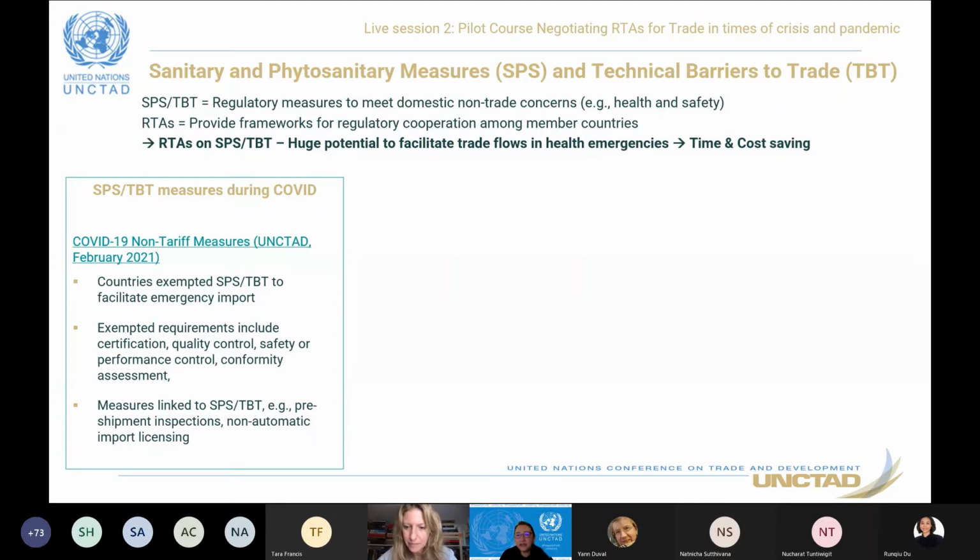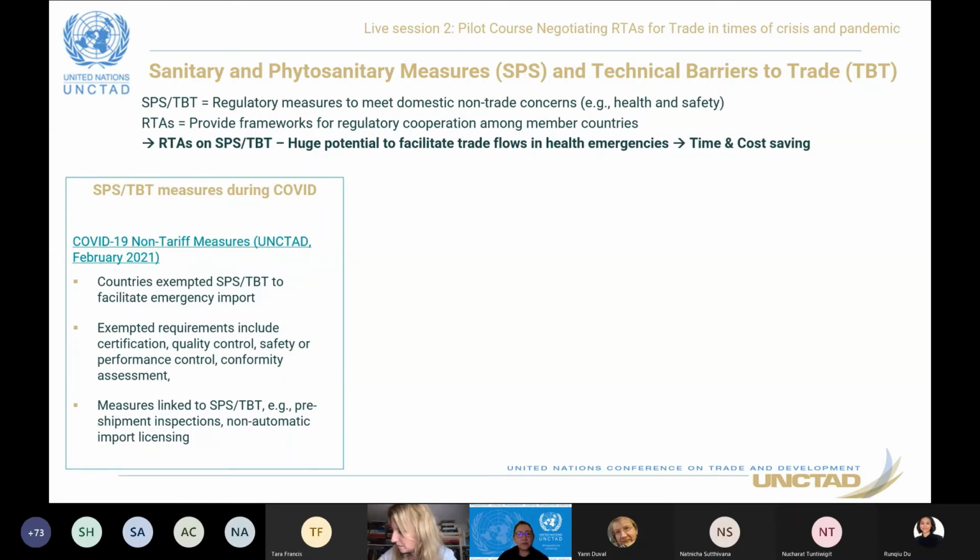It means that countries exempted the application of requirements such as certification requirements, quality control requirements, and safety and performance requirements, because what mattered was the time, how quickly and how much in quantity they could import these important products.